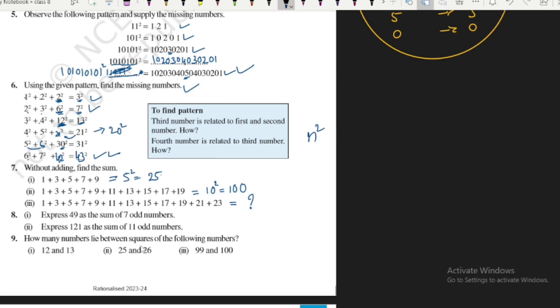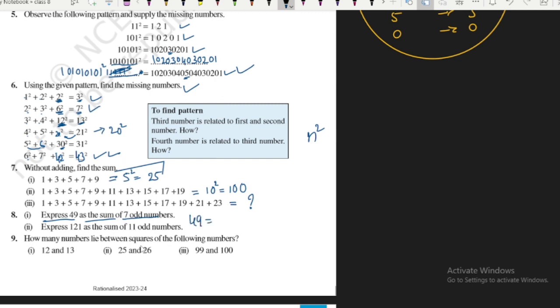This 25 we can express as a sum of odd numbers. In the same way, here they are asking to express 49 as the sum of 7 odd numbers. So it is the reverse of question number 7. Can we write 49 as a sum of odd numbers? Yes.